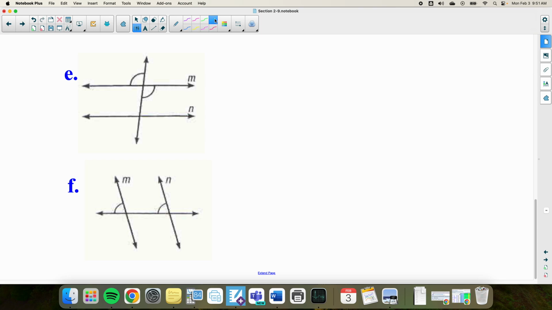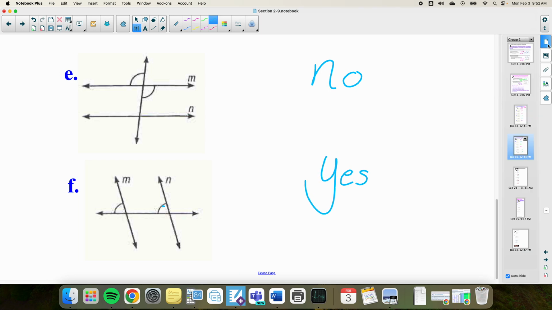No. And remember, those are from the upper group of four, so that's no. And then F, what kind? Corresponding. They're corresponding. Consecutive would be like this one and this one. These are corresponding. Do we want those equal? Yes, very good.